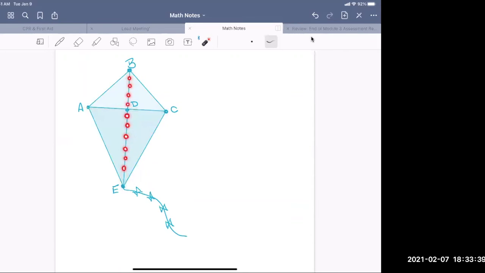We can have an infinite amount of points on our line. They just are not represented currently. But we could add any point to our line, and that would be part of the same line. So if I added a point here, point F, line segment BF is part of the same line as line segment BD.